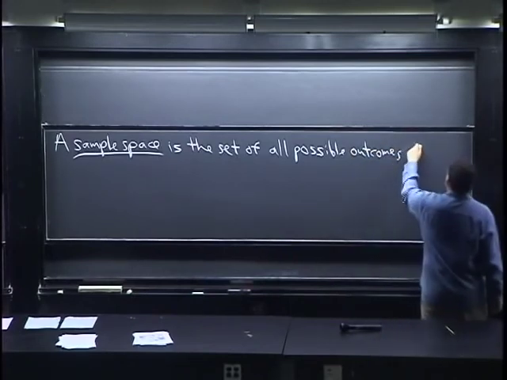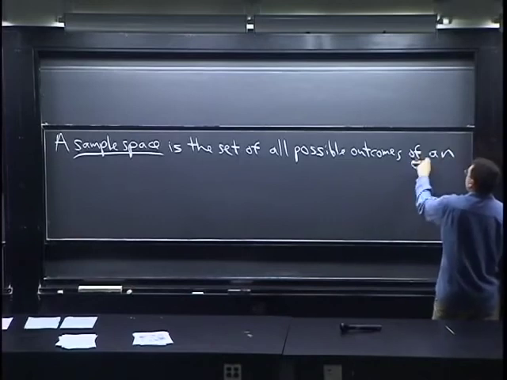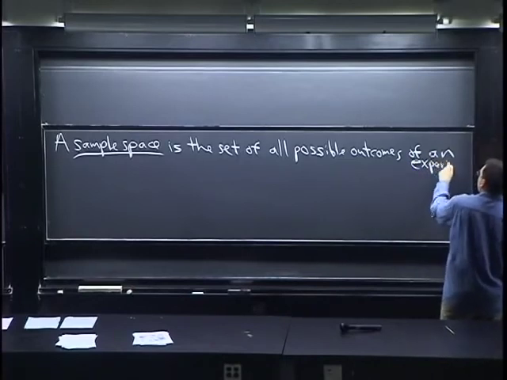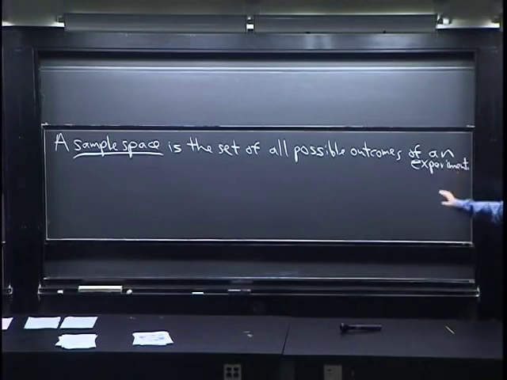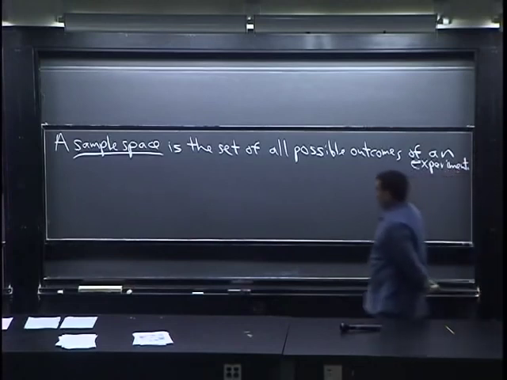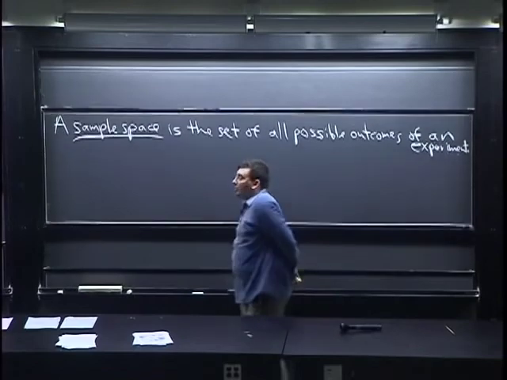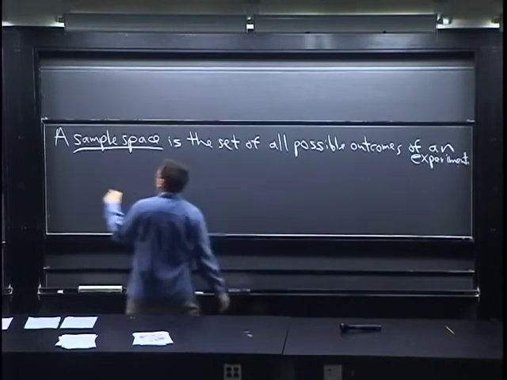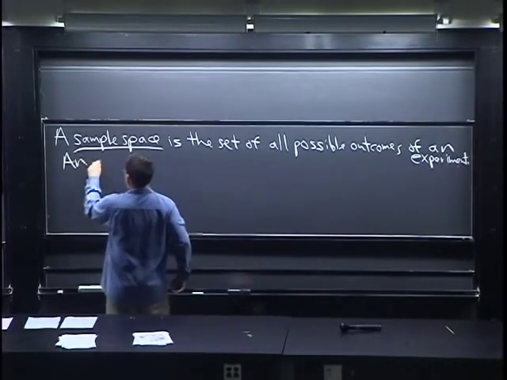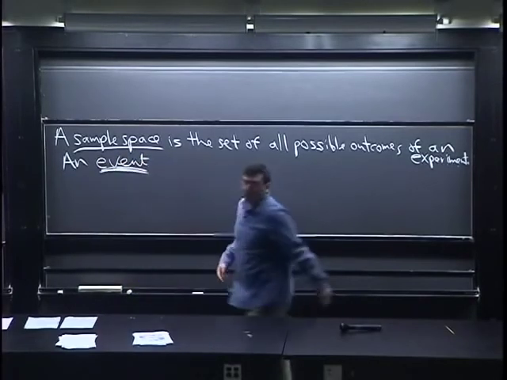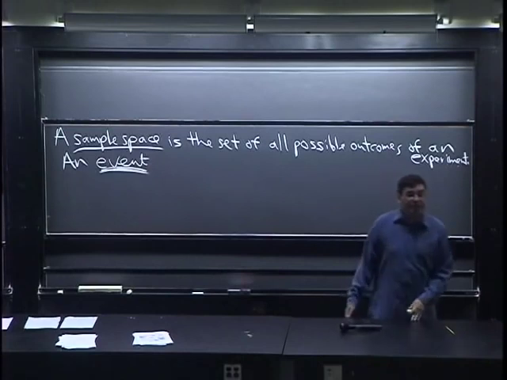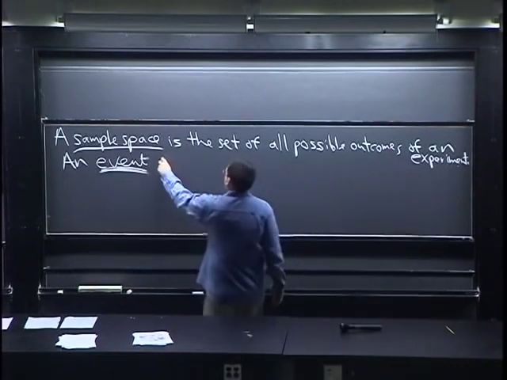And we might say that it's a random experiment, but I'm not going to use the word random right now because we haven't defined it. I'm just interpreting this very, very generally. Okay, and then we need one more concept, which is that of an event. We'll come back to this, but the earlier you start thinking about events, the better. An event is a subset of the sample space.